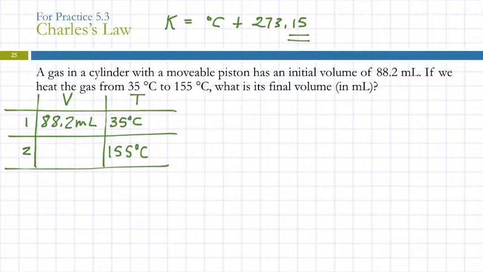I'd like you to put the 0.15 in there. The book is sloppy. They use 273 a lot. I'm going to use 273.15. So if we take our 35 degrees and we add 273.15, we're going to get 308.15 Kelvin.